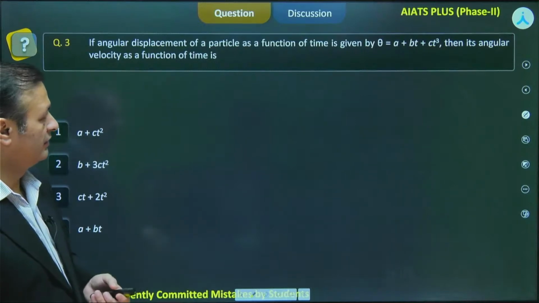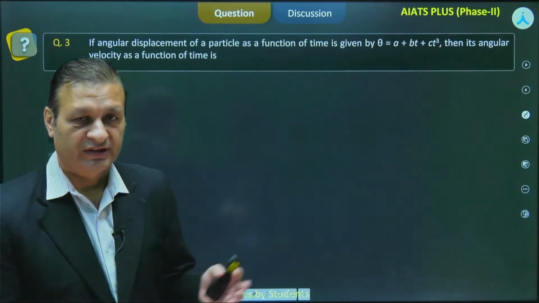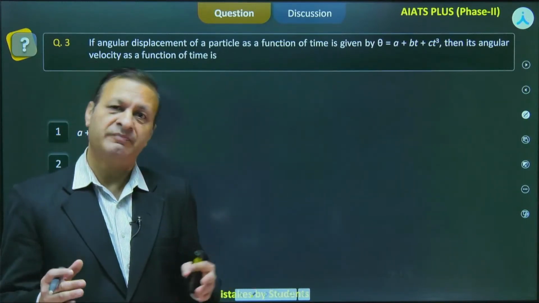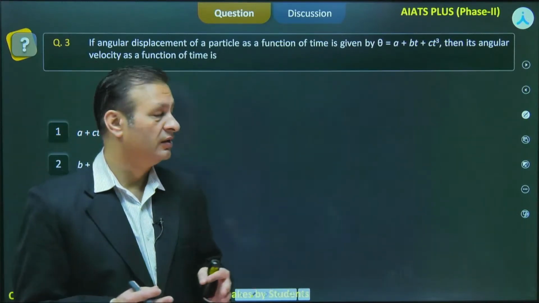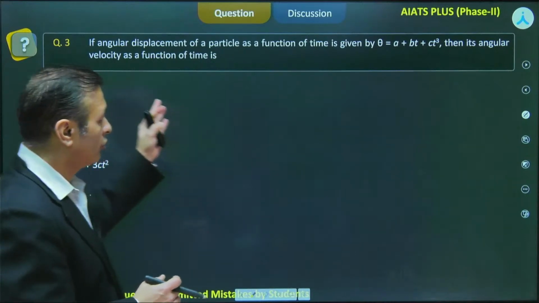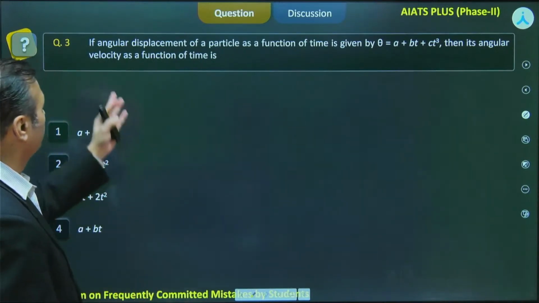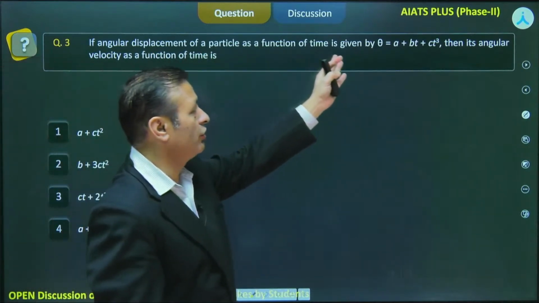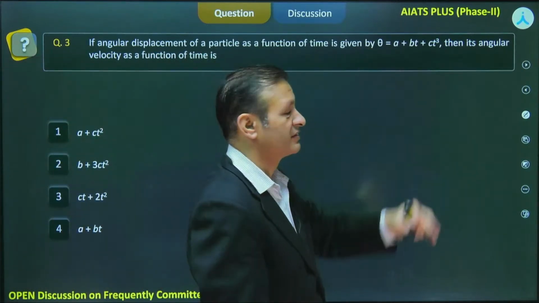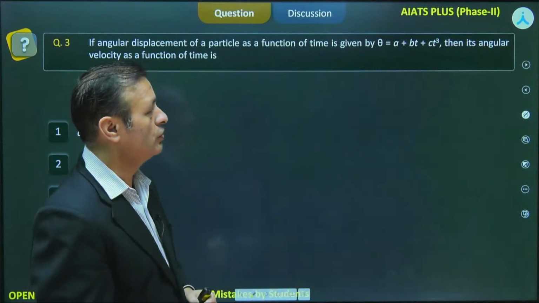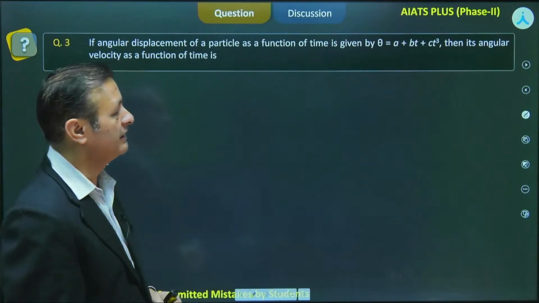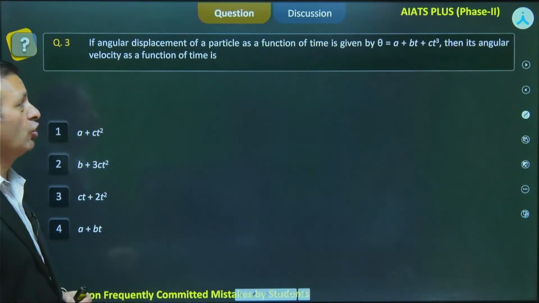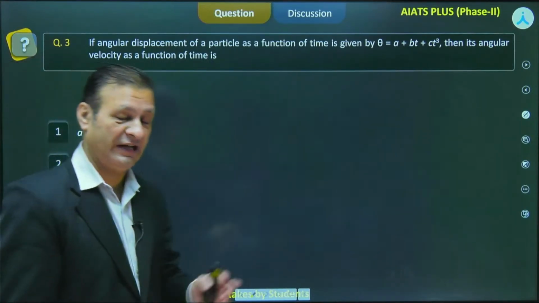Okay. Now we have the next concept and we'll be building up the same way as we have been doing. Your question is asking, if the angular displacement of a particle as a function of time is given to you as theta equal to a plus bt plus ct cube, then its angular velocity as a function of time.